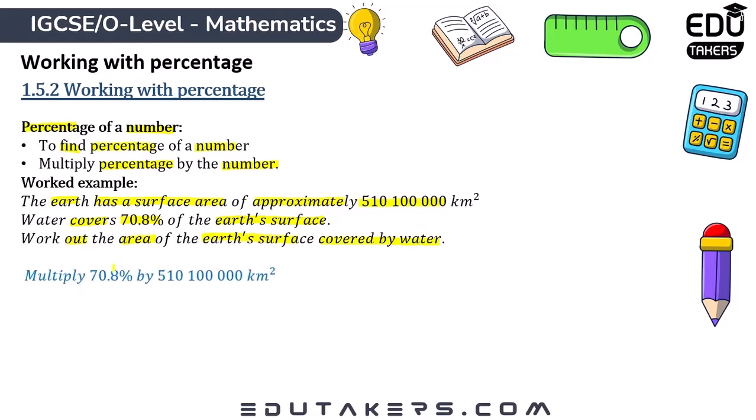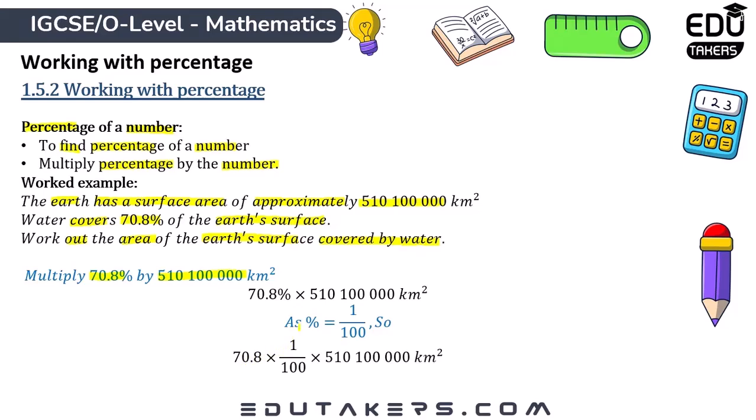Multiply 70.8% by the surface area of the earth. We can write this percentage as 1 over 100. So 70.8 multiplied by 1 over 100 multiplied by the surface area of the earth, and the answer is this one.